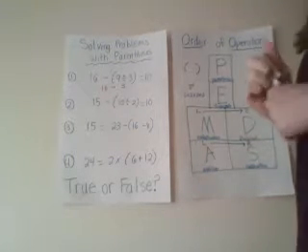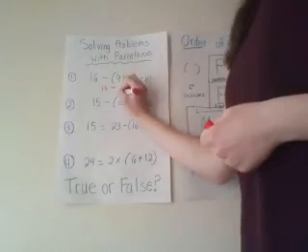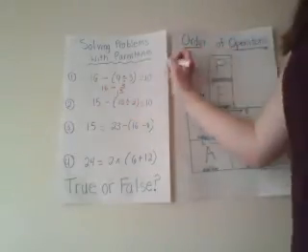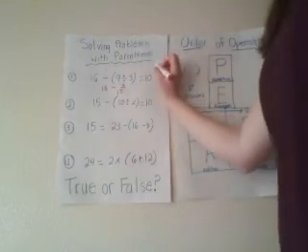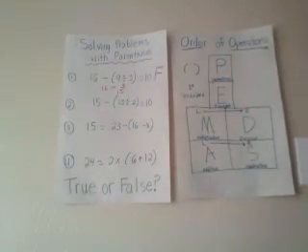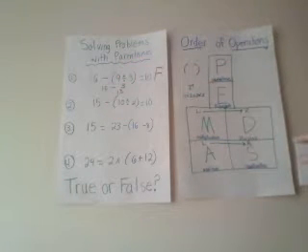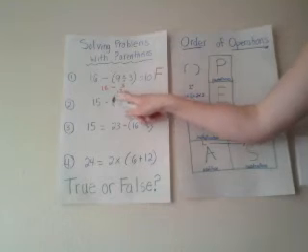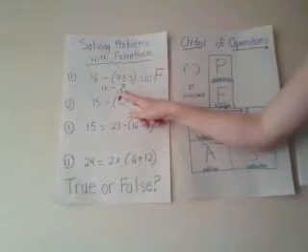Hopefully you say, no, that wouldn't, because 16 minus 3 would end up being 13. And so for number 1, you can actually put an F for false. This equation is false. 16 minus, in parentheses, 9 divided by 3 does not actually equal 10. If we were solving it correctly using order of operations, it would equal 13.